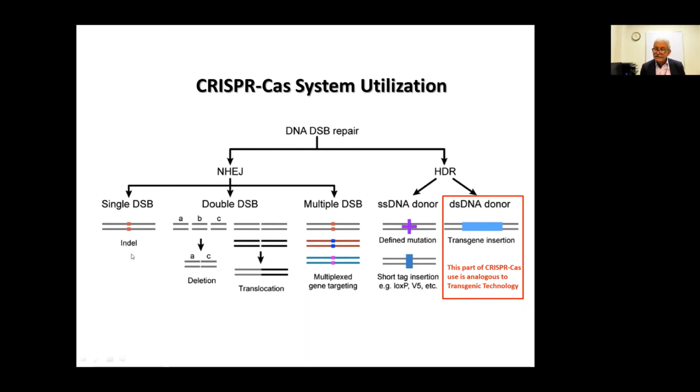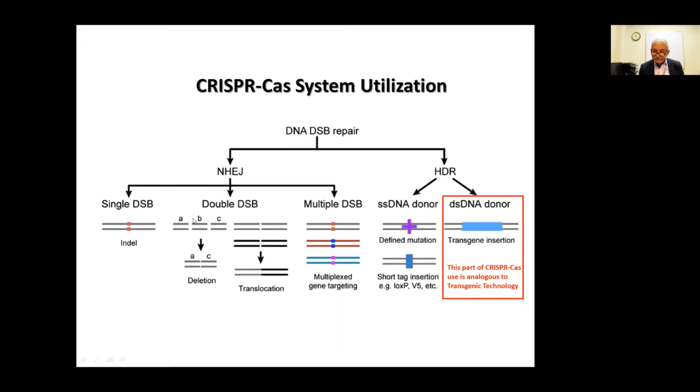Indels: IN for insertion, DEL for deletion. So this may result in insertion or deletion of nucleotides, resulting in a mutation. Okay, and that mutation may be lethal. That may switch off or knock down that particular gene.